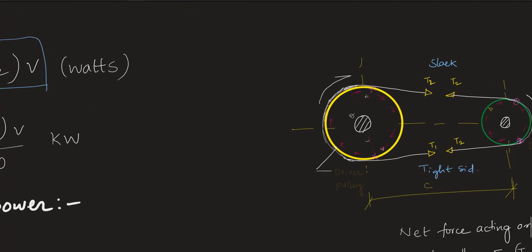If we go back to the free body diagram of a belted drive, on a pulley the tension forces acting are T1 and T2. So the net effective force acting on the pulley can be written as T1 minus T2.